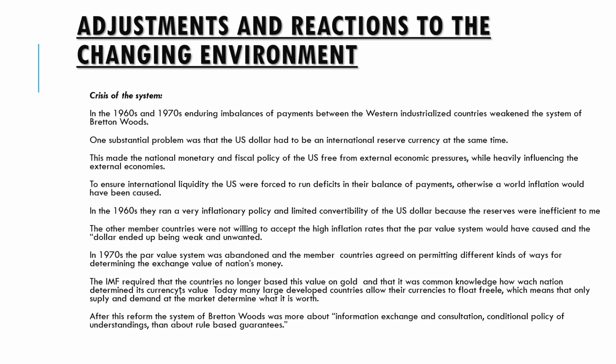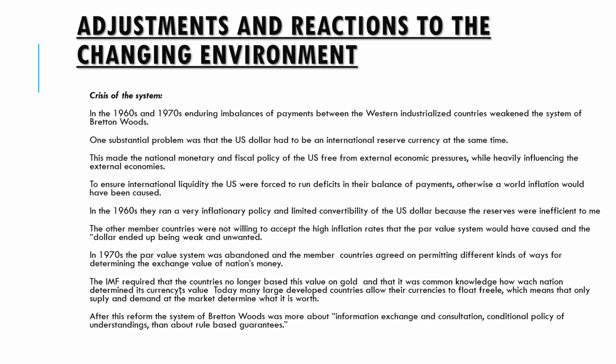So basically in the 60s and 70s, during the imbalance of payments between the Western industrialized countries, which badly affected the Bretton Woods system, one substantial problem was that the US dollar had to be an international reserve currency at the same time.